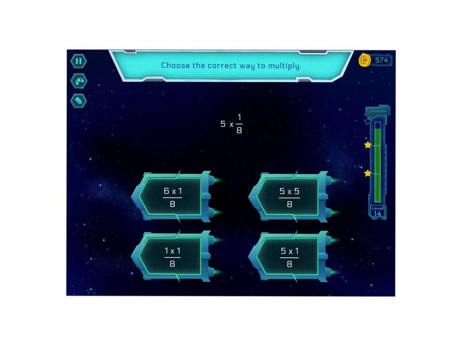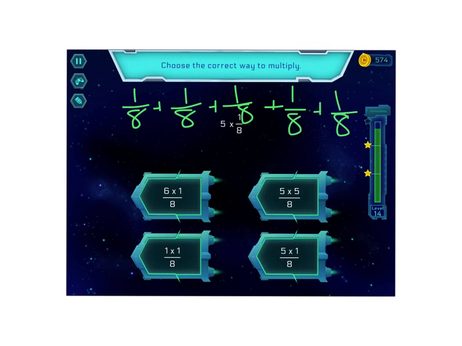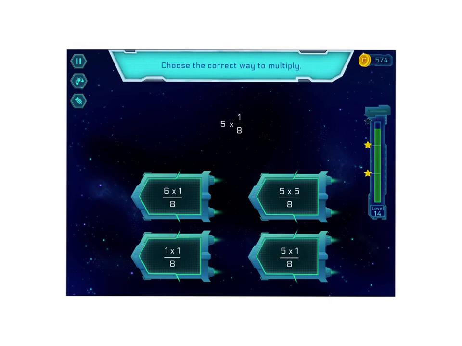5 times 1/8. I really like this one because they're kind of showing you your parents' way, the shortcut. You know your parents are not adding 1/8 plus 1/8 plus 1/8 5 times, right? That's going to take too long. And when they add those together, 5/8 is their answer. I'm going to tell you, your parents do it much quicker.